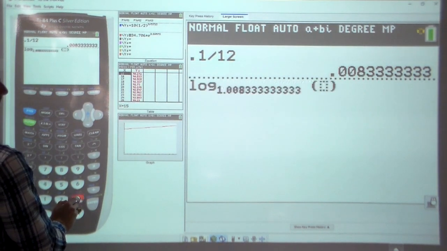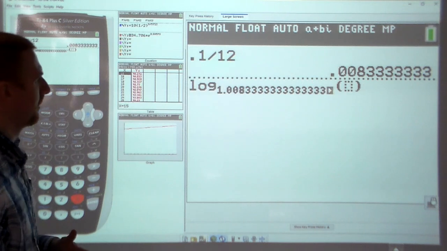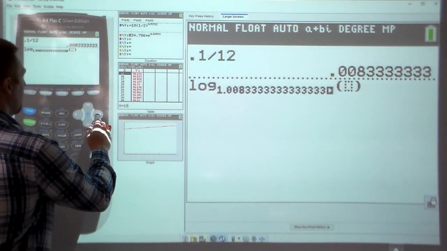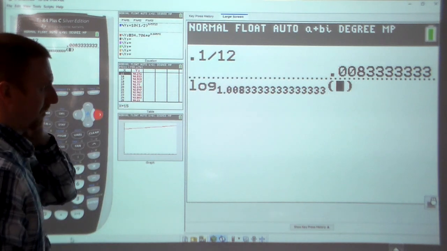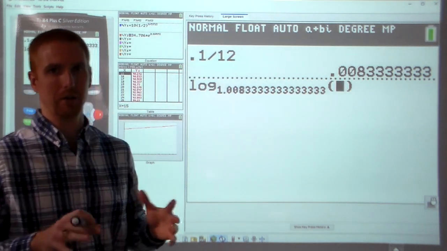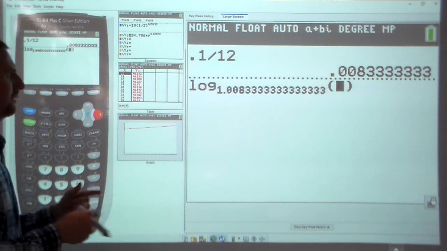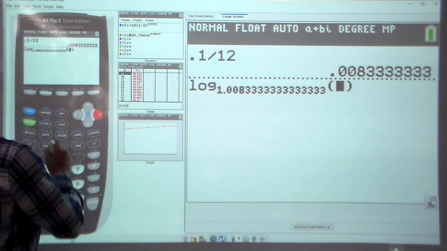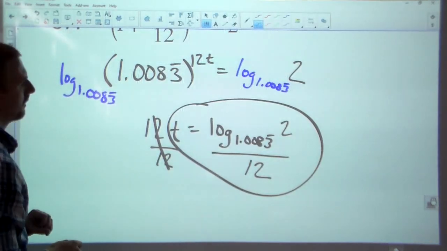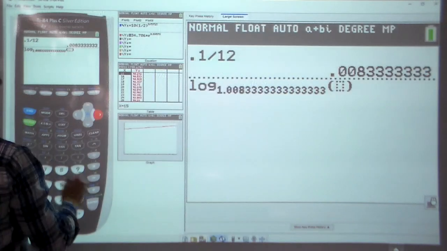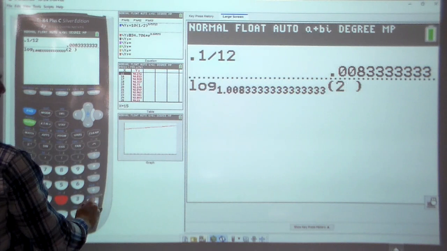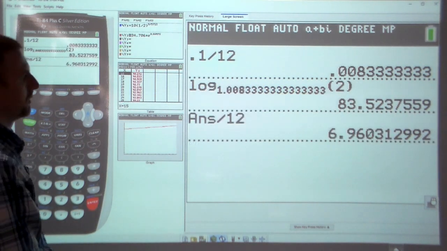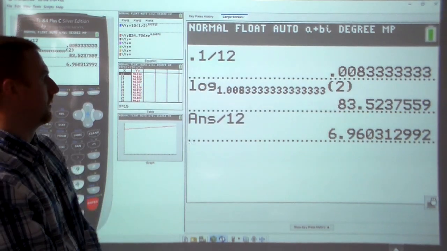Now there's no repeat button on the calculator, so just put a bunch of 3s, not a very specific number, but I think about 10 should definitely tell the calculator this is repeated. It may even go into a mode where it detects that. Either way, that should be good to go. And log, we're taking out 2, and we're going to divide that whole thing by 12. So there's your decimal answer, 6.96.